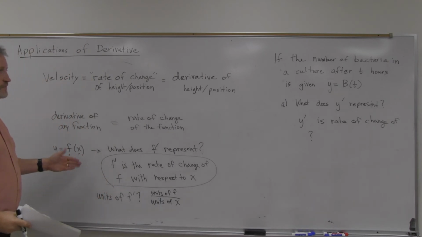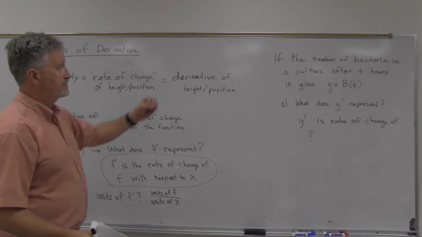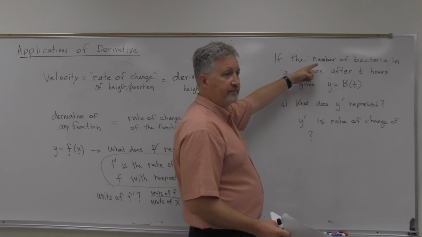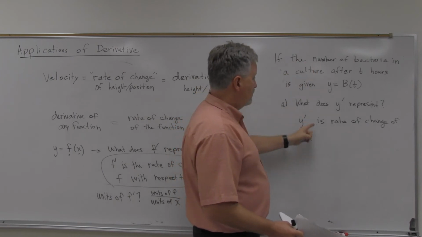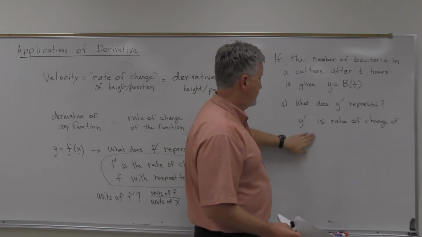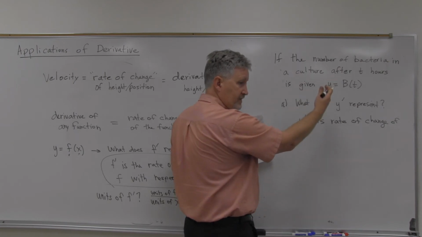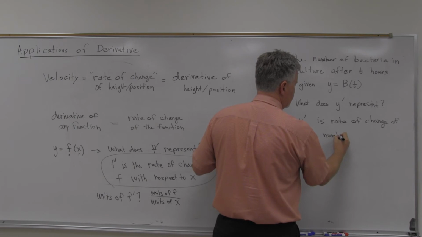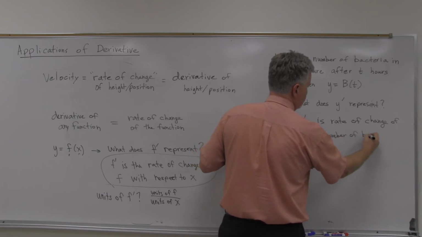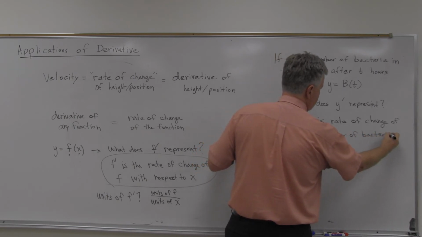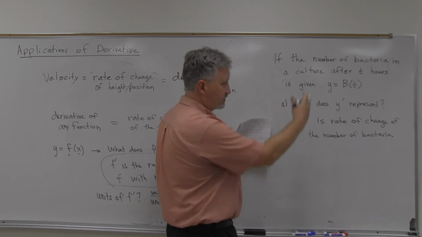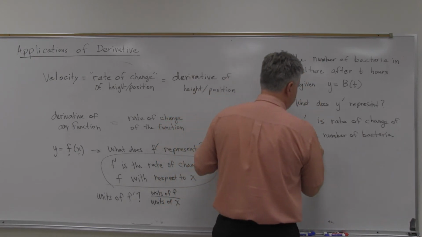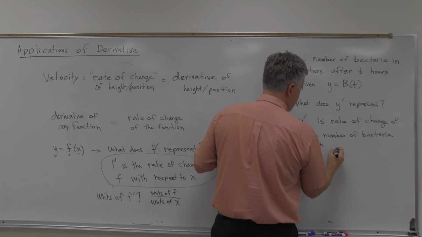The function represents the number of bacteria, right? So y prime is the rate of change of the number of bacteria with respect to the number of hours, t hours.